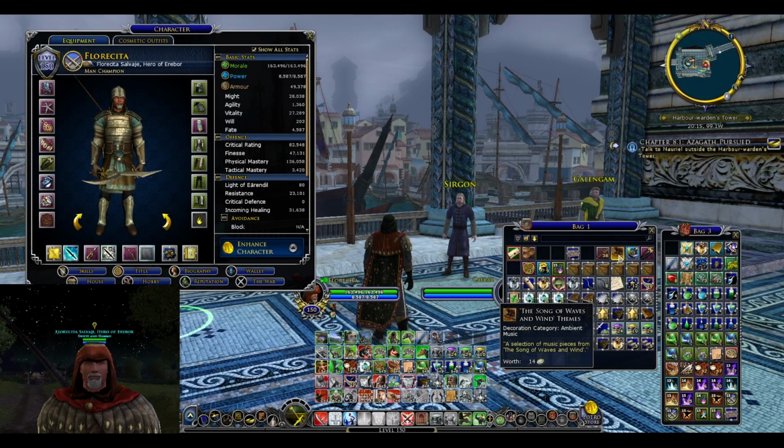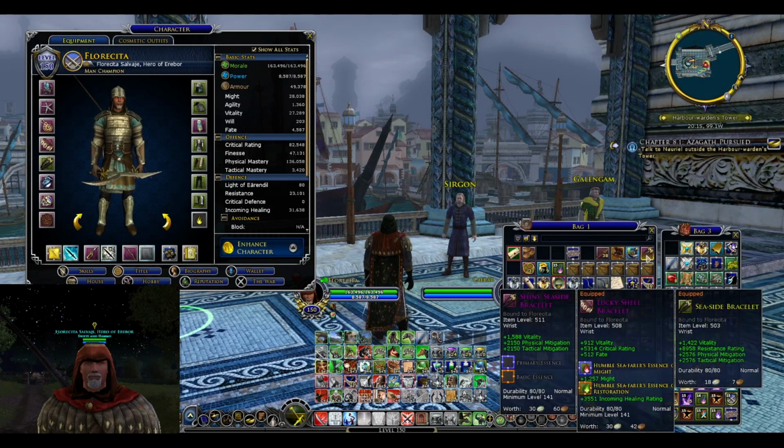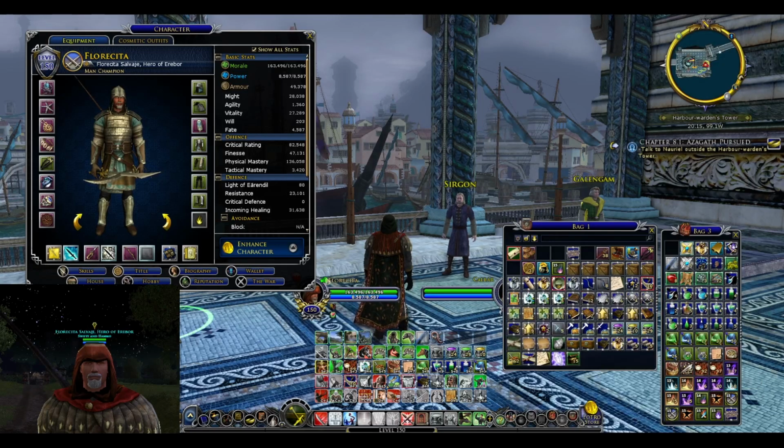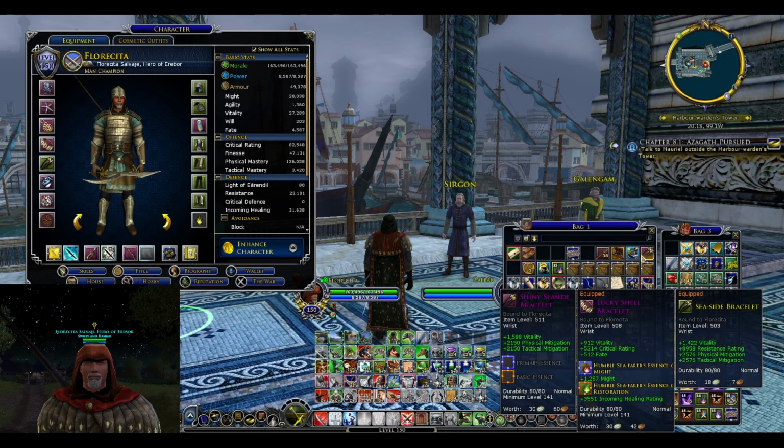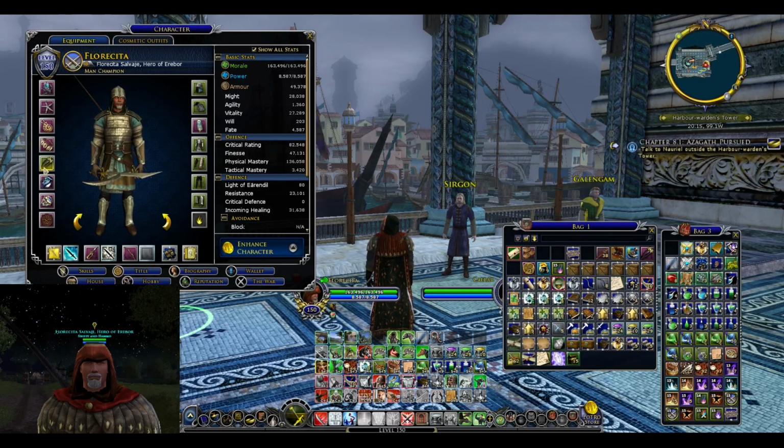Ooh, the Song of Waves and Wind themes. Put that in your house. Okay. And then this is a bracelet. Ah, seaside bracelet. Yeah, that's this one.